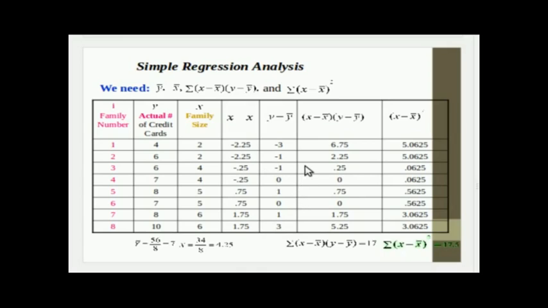Now we are able to proceed to calculate the sum of the differences. So the sum of the differences is 17, and the sum of the squared differences is 17.5. Now we can easily calculate the value of A and B, that is, the regression constant and the slope coefficient.